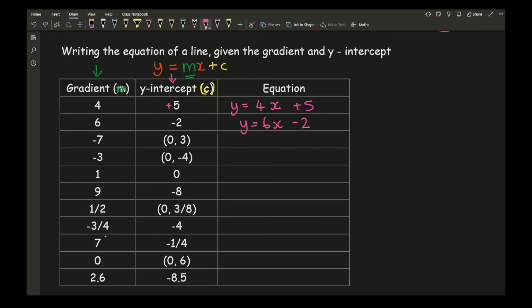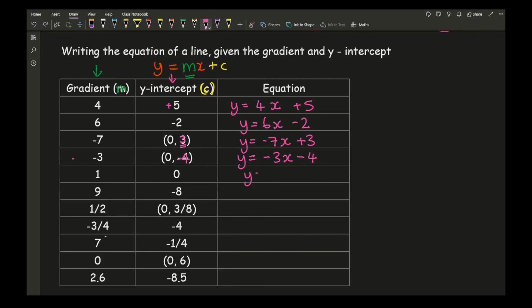For question 7, the y-intercept is written as a coordinate, but it's just this number that I'm after. So I've got y equals m, which is minus 7, x, and it's going to be positive 3. For this one here, I've got y equals minus 3, because that's what m is, x, and then the y-intercept is minus 4.